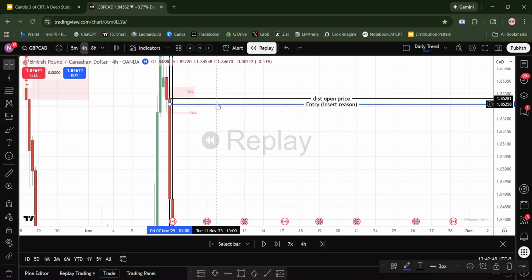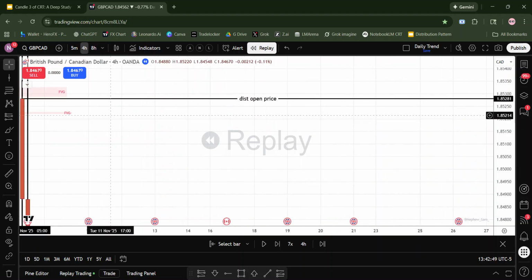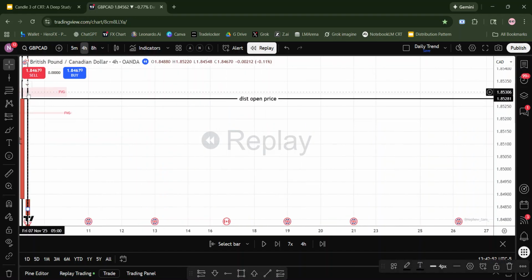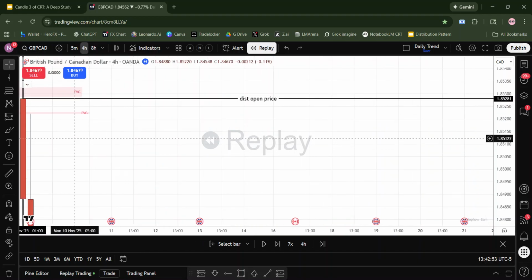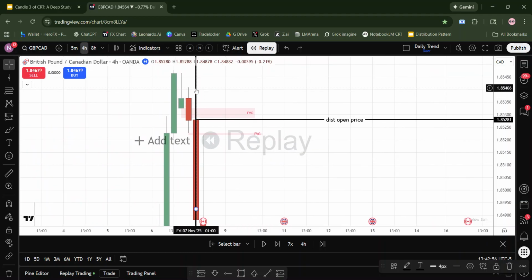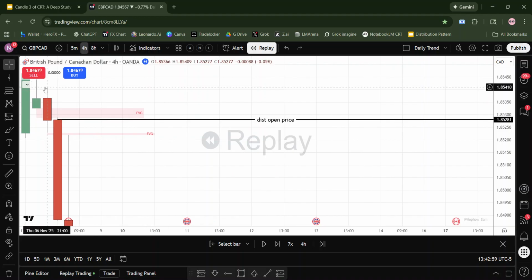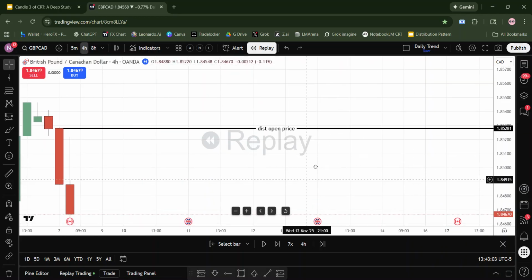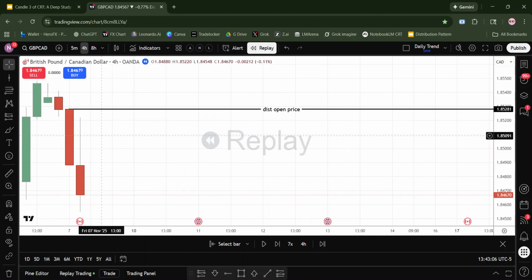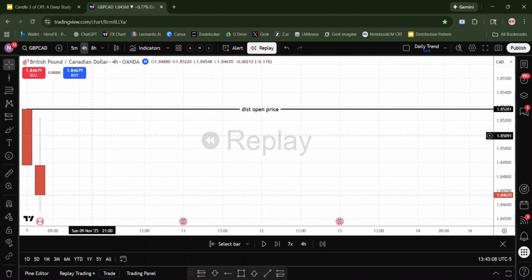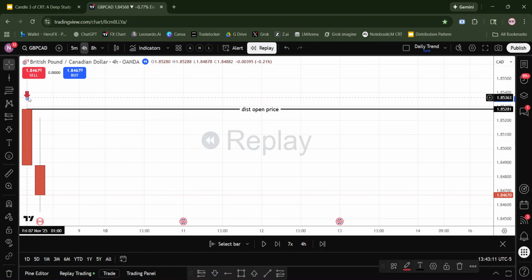Let's see. So we'll get rid of the entry. Get rid of these lines. We don't need that. And get rid of the fair value gaps because we don't need that. And remember, we just looked at this one candle right here, so I'm going to mark that with the arrow just so we know.